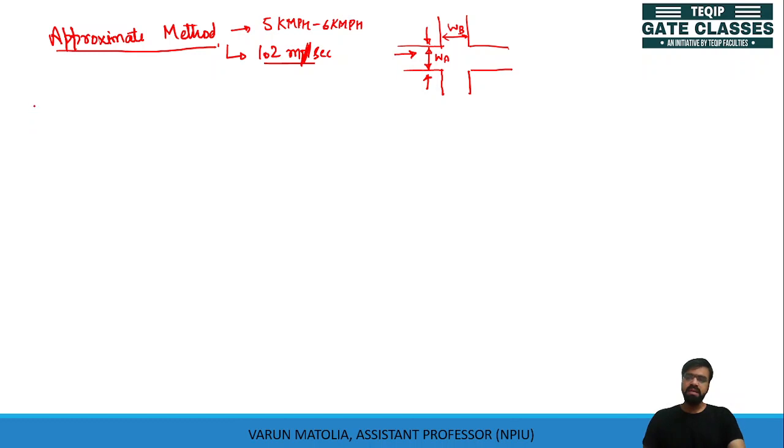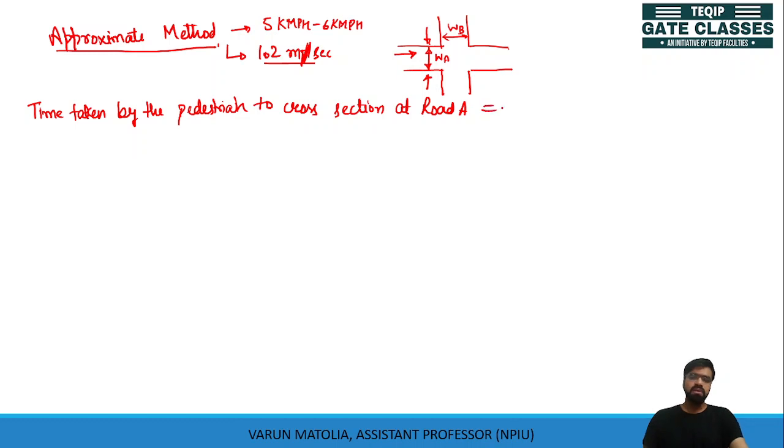So the time taken by the pedestrian to cross the section at road A is the width of road A divided by 1.2 meter per second, the time in seconds.